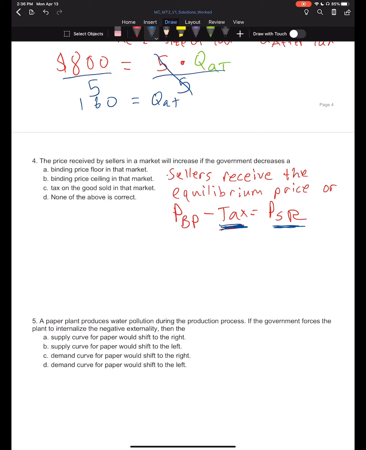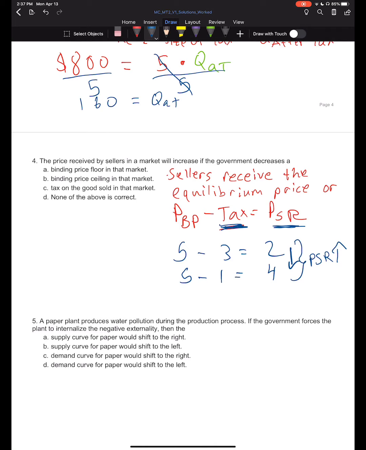Well, the price sellers receive must go up if a tax decreases, right? 5 minus 3 is equal to 2, whereas if we decrease that tax to 1, 5 minus 1 is equal to 4. The price sellers receive has gone up in this case. So that means price sellers receive has increased.